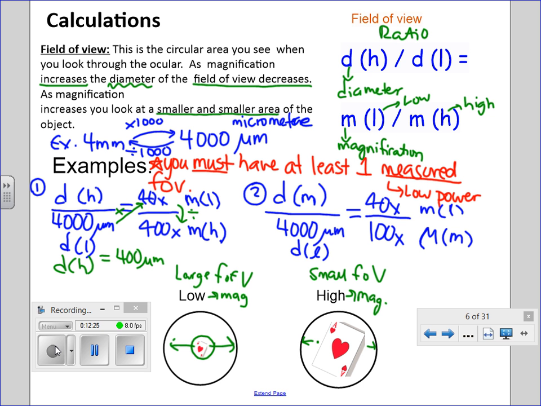It's really a concept more than a formula. If one goes up, the other one has to go down by the same amount. So when I do this calculation, I do 4,000 times 40 divided by 100. And I would end up discovering that in this case, the diameter of the field of view on medium is 1,600 micrometers.